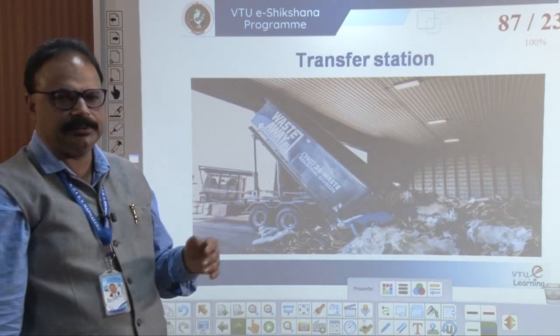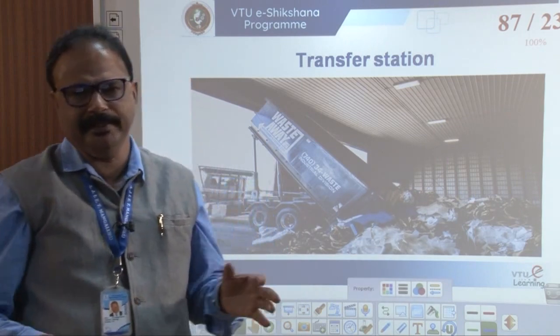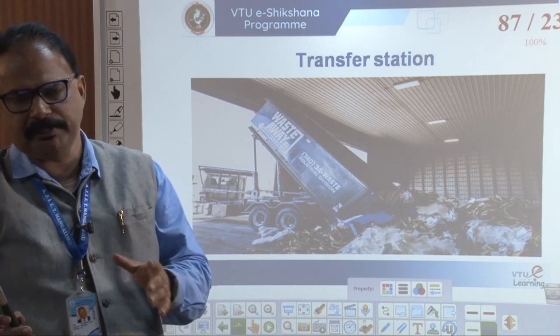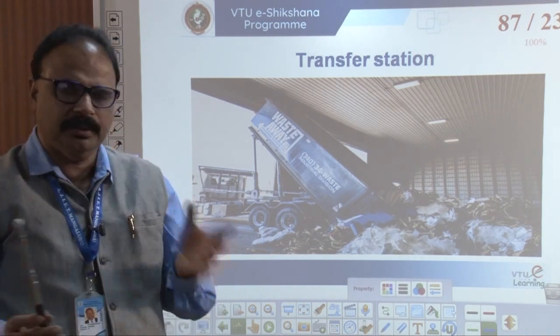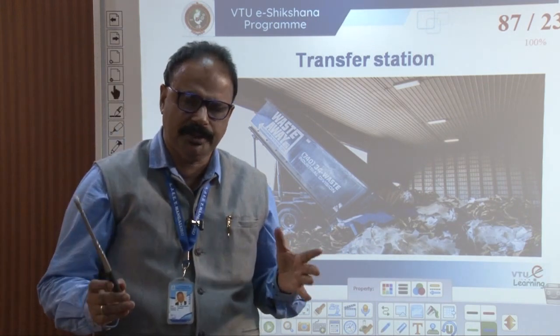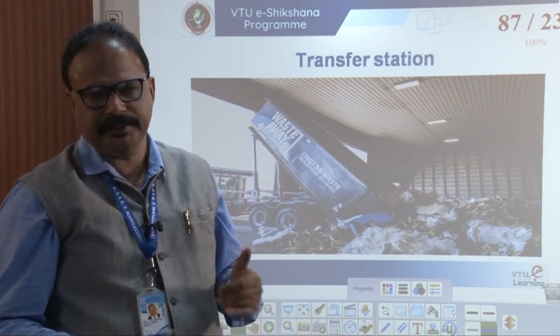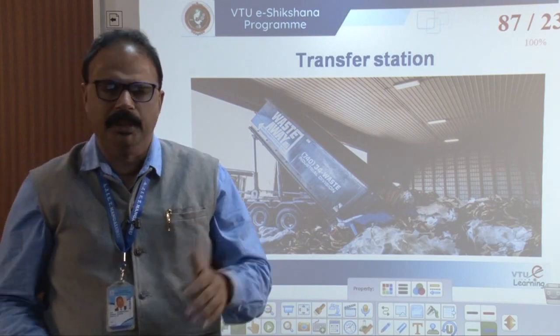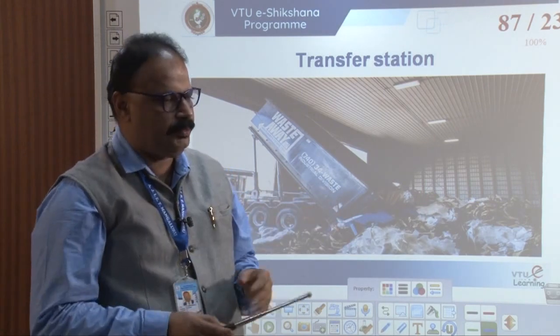You can see this is the transfer station. This is a big shed, and all the waste is dumped in it. Segregation is done here, manually or mechanically or otherwise. Waste is separated. The recyclable waste is taken by the vendors.